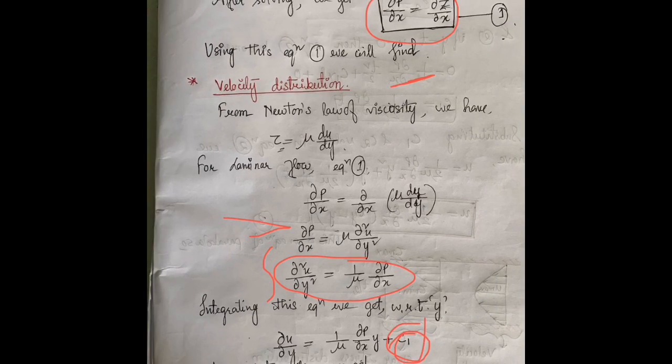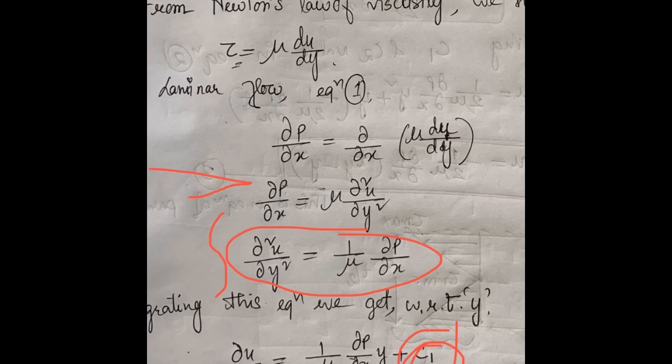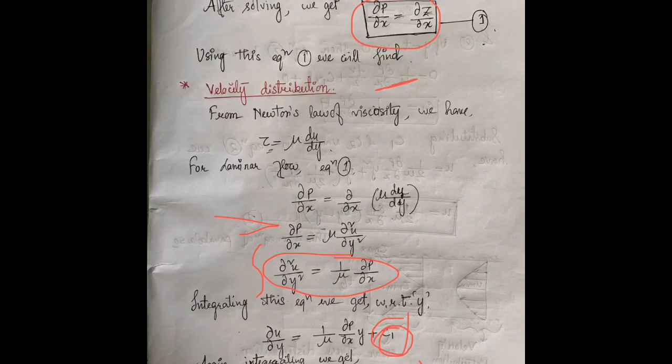After integrating again, we will get another equation which can be written as u equal to 1 by mu del p by del x into y square by 2 plus C1 y plus C2. Here we will get two constants, C1 and C2. You can mark this equation as equation number 2.